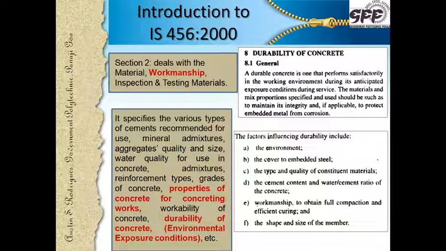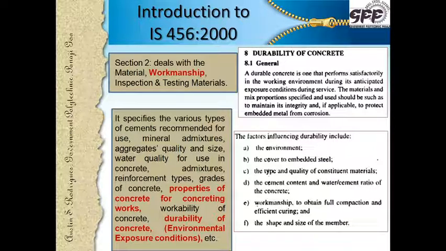Now what is durability? The general definition in clause 8.1 says that a durable concrete is the one that performs satisfactorily in the working environment during its anticipated exposure conditions during service. Let me make it very clear. The code talks over here of the exposure conditions: what type of exposure the structure is subjected to, what type of exposure it is facing.